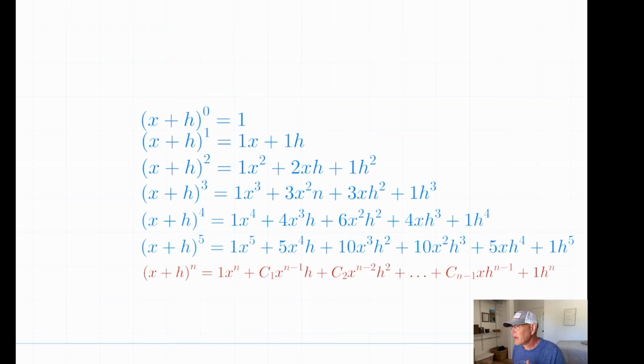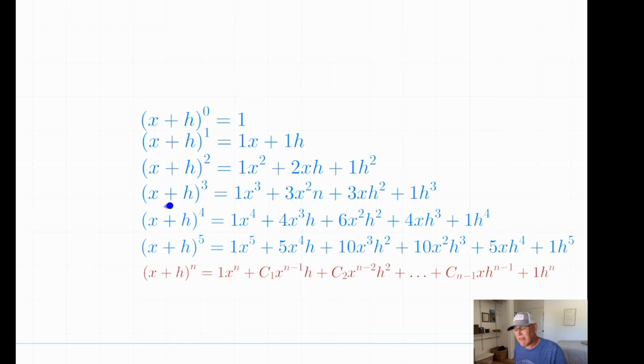Okay, let's go ahead and use the shortcut that maybe you learned in Algebra 2 or somewhere. So right here, if we were to raise that to the second power, we have x squared, we have h squared, and then to find the middle term, we multiply those two together and double it. Okay?